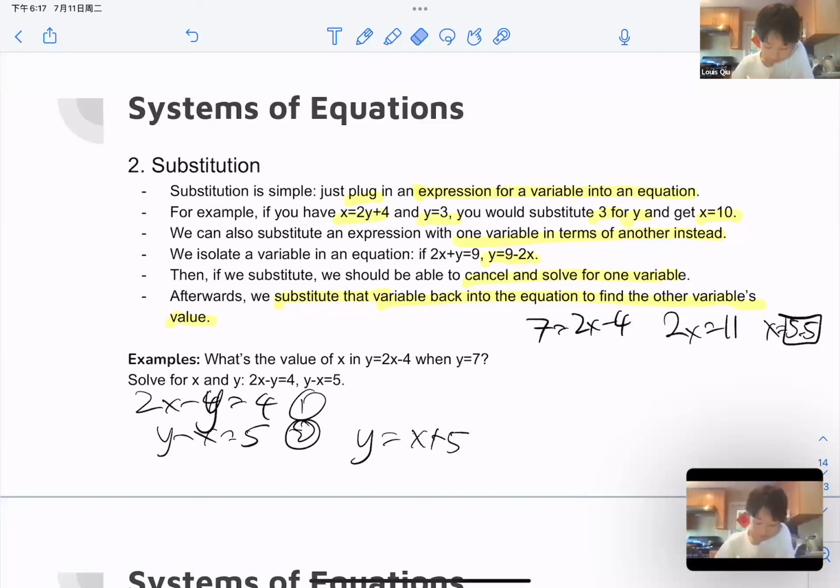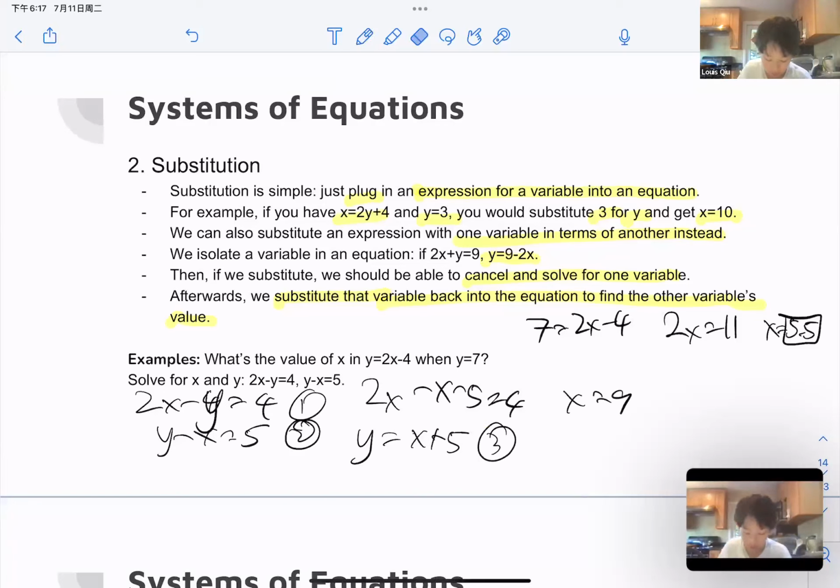And then after we substitute this equation, call it equation 3, into equation 1, we have 2x minus x minus 5 equals 4. So x equals 9. And then after that, we substitute x equals 9 back into the second equation, which gives y equals 14. So x, y equals 9, 14.